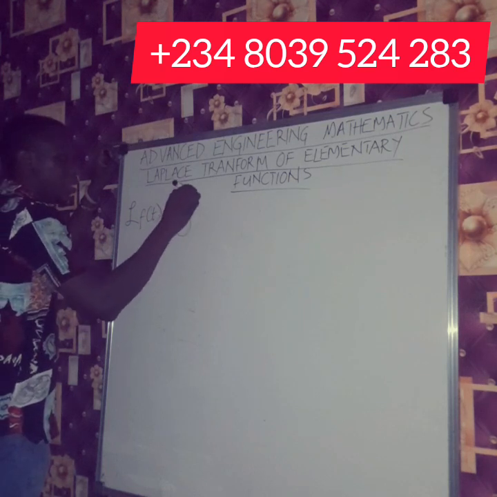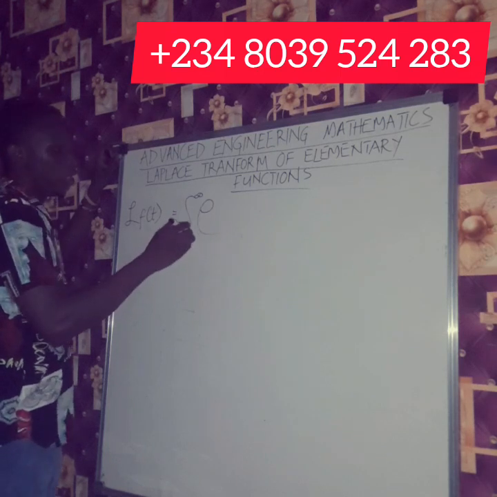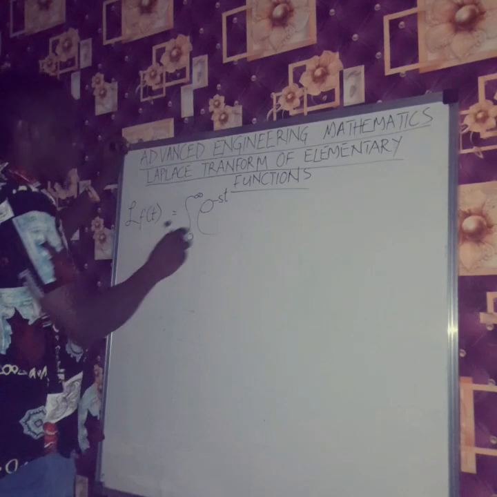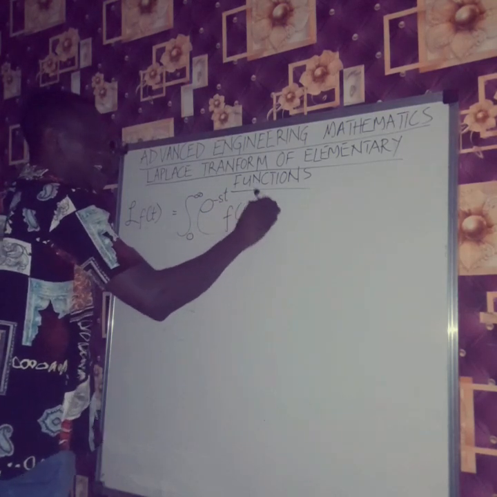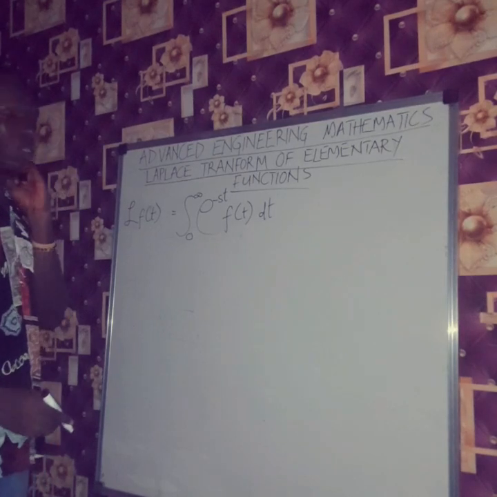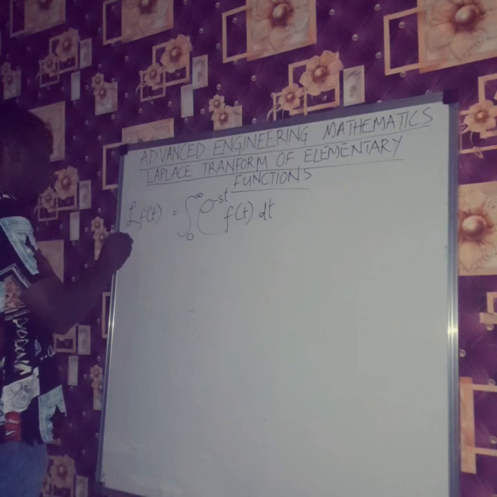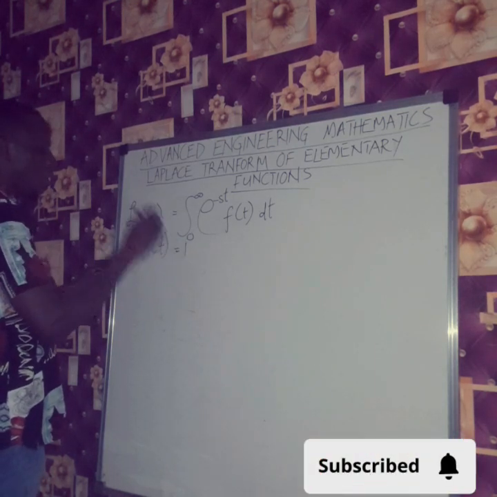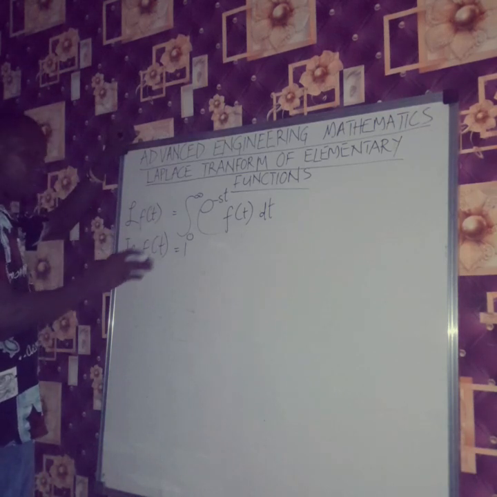The integral from 0 to infinity of e raised to the power minus st f of t dt. This is what it gives us. Now if f of t is equal to 1, what are we going to have? This is the first scenario for elementary functions.